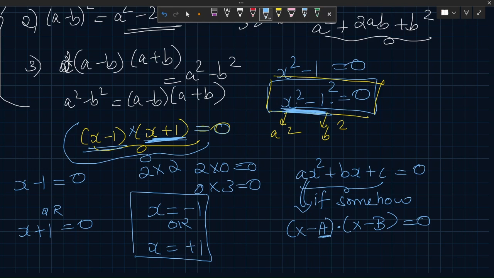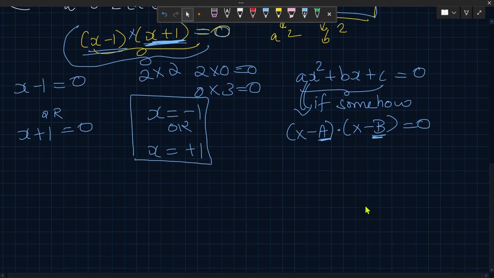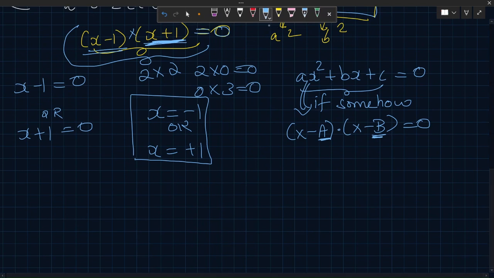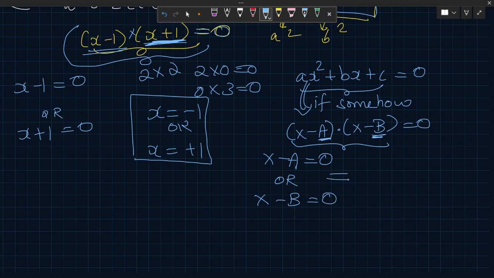Now note that this is capital A, not small a, and this is capital B, not small b. Somehow by magic, if I was able to write this equation in this form, then by the same argument, I can say that for this to happen, x minus capital A must be 0 or x minus capital B must be 0, which would imply that x equal to A or x must be equal to B.